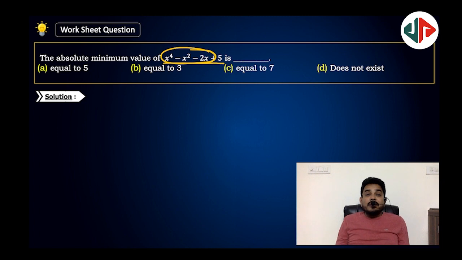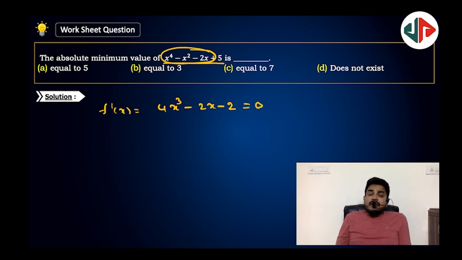So they are asking the absolute minimum value. What is f dash of x? For maximum and minimum, the best thing is 4x cubed minus 2x minus 2 should be equal to 0.